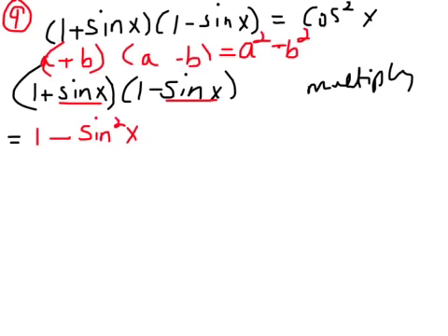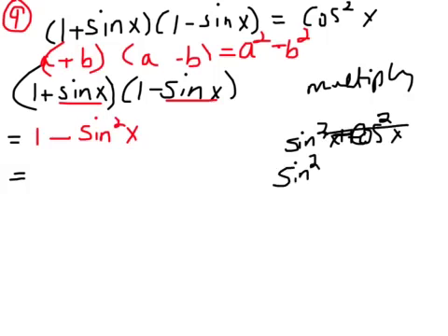But if you think about it, we know that sine squared x plus cosine squared x is 1. And so if I look at 1 minus sine squared x, I can get that with my identity just by subtracting sine squared x from each side.